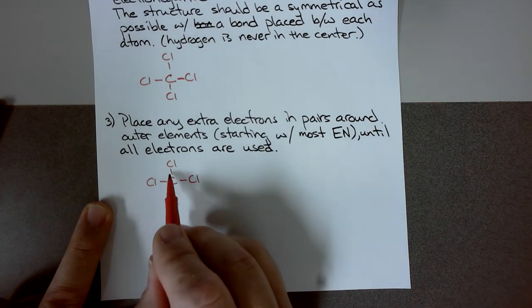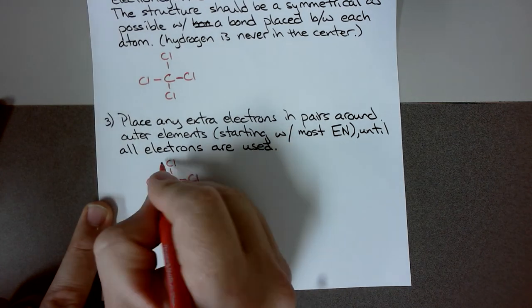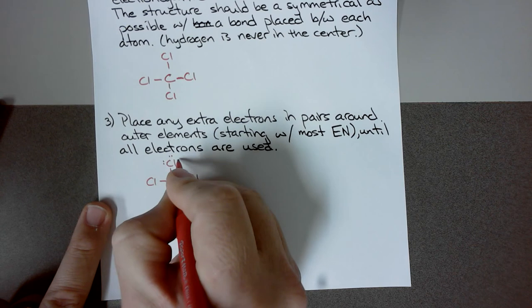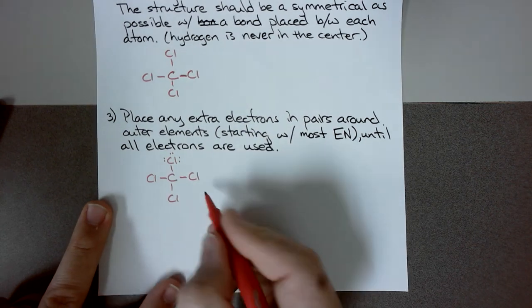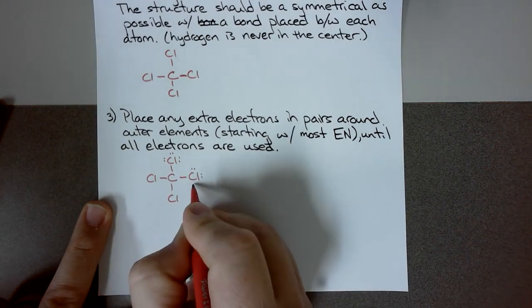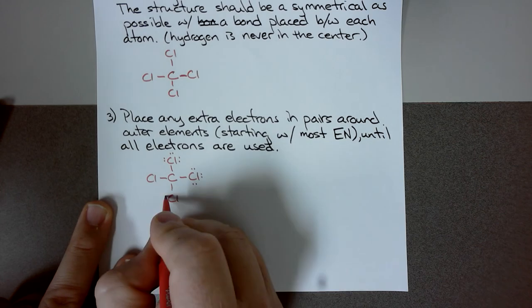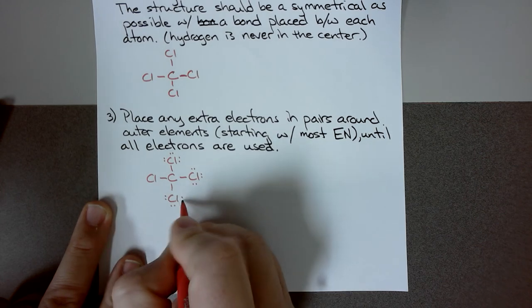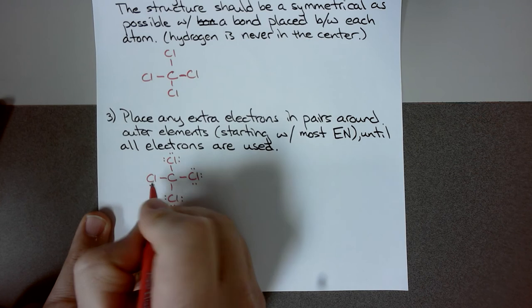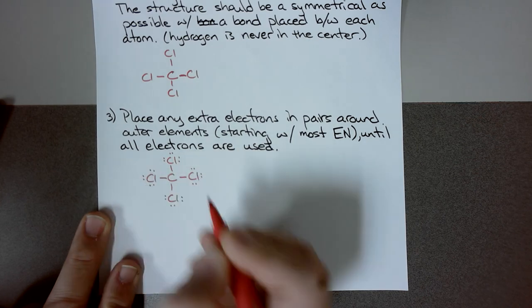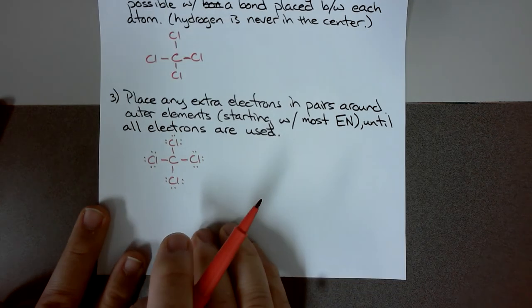So I've used 2, 4, 6, 8, and I go 10, 12, 14, 16, 18, 20, 22, 24, 26, 28, 30, 32. So I've used all 32 electrons.